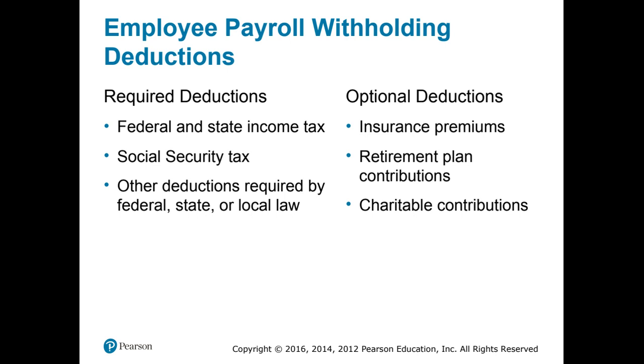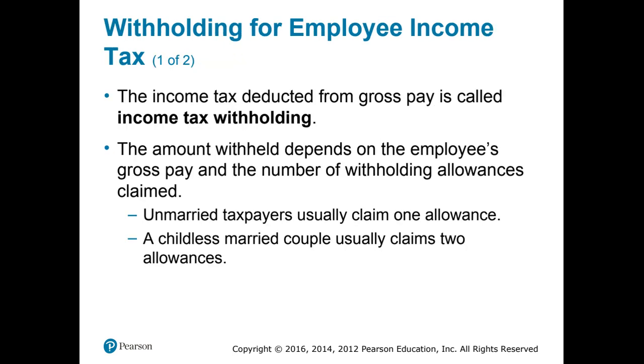Like your gross pay, and tax law changes all the time. So the income tax deducted from gross pay is called income tax withholding. When we take our income tax from our gross pay, we call that income tax withholding.